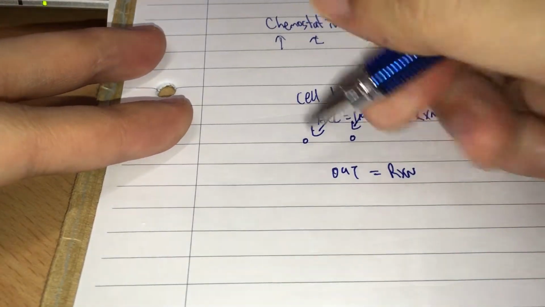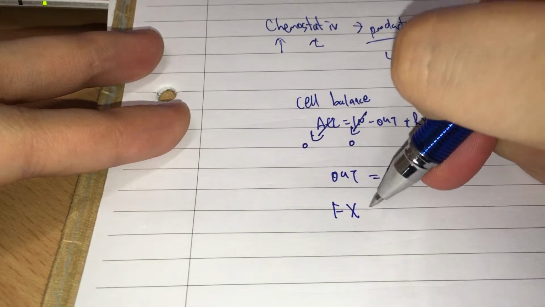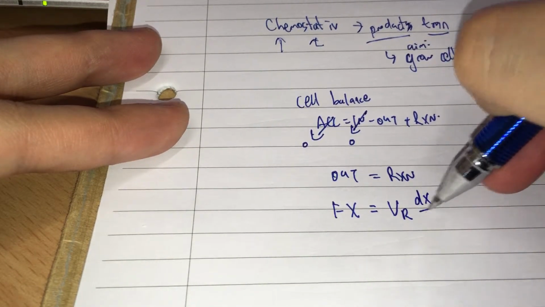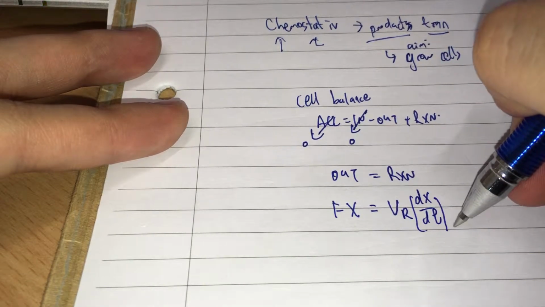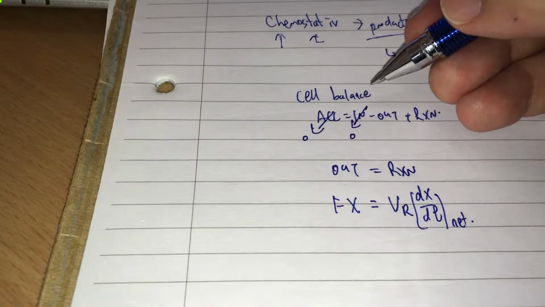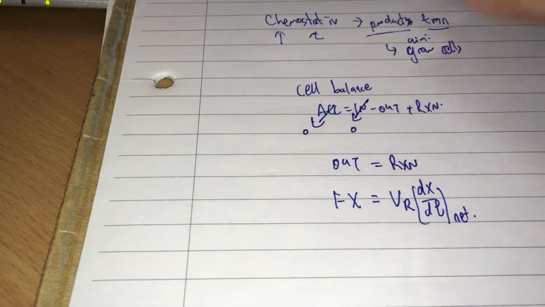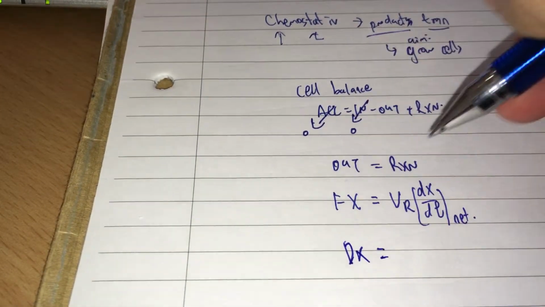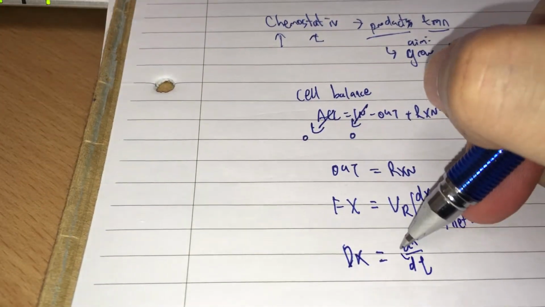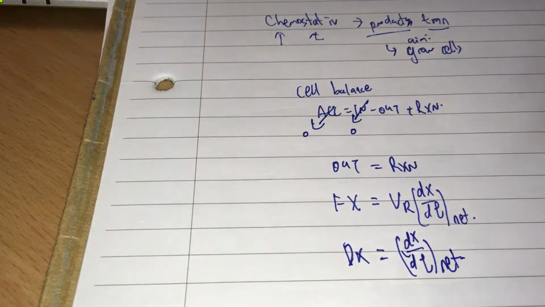So this is F times X equals V of reactor times dx/dt. So this is the net rate of cell growth.